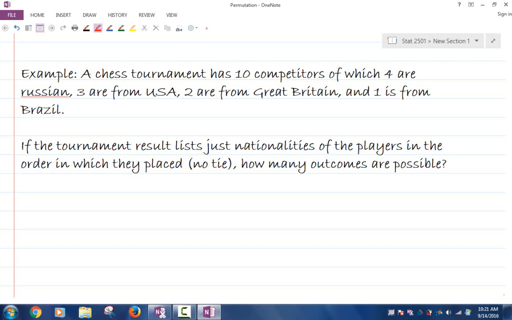There are 10 players, so you're ranking them from 1 to 10, but instead of listing each player's name, you're listing their nationalities. So let's think about how one of the results may look.